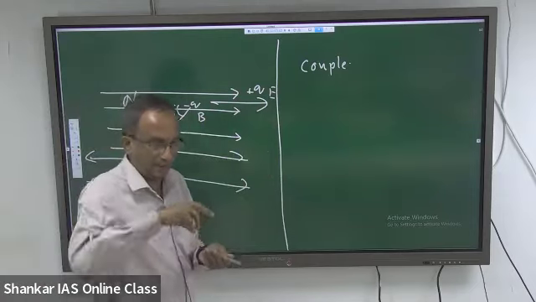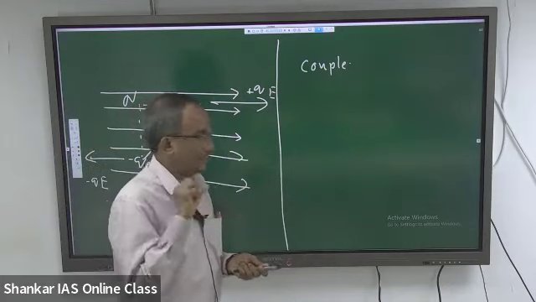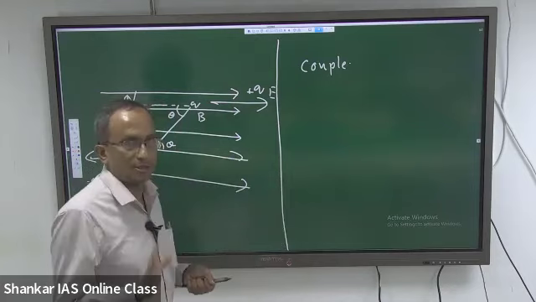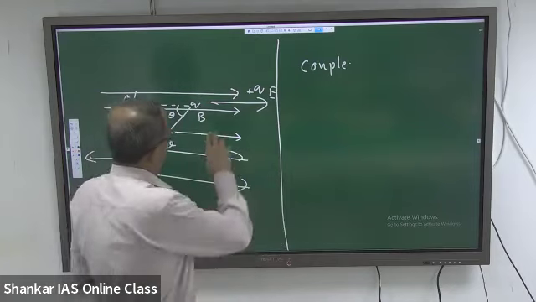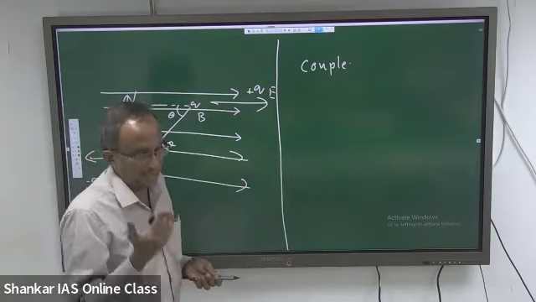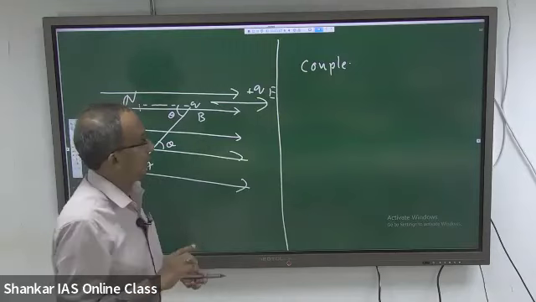An example of a couple: when you are opening a pipe, you are applying a couple on the surface. When you are driving, two equal and opposite forces are applied. That also constitutes a couple. Now here these two forces constitute a couple. A couple leads to rotational motion. Whenever there is rotational motion, there is a torque.